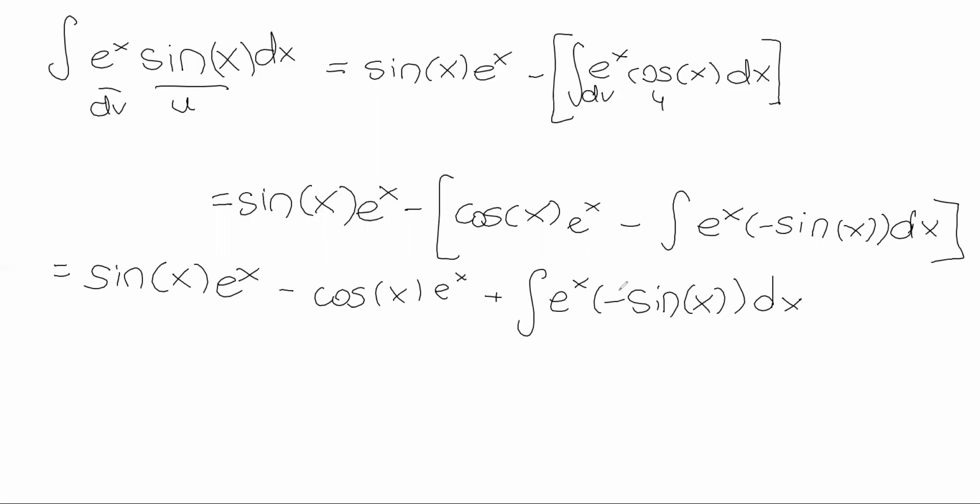And then from here, we want to maybe just move this negative out front. So instead of e to the x times negative sine, I think I'm going to make it just minus the integral of e to the x times positive sine of x.